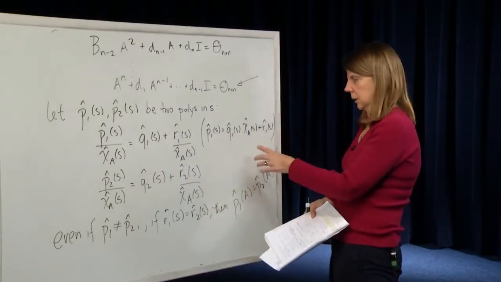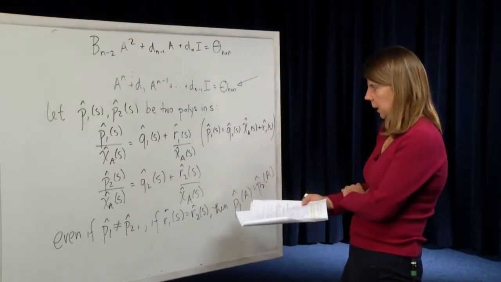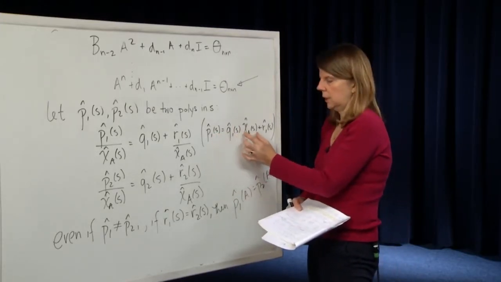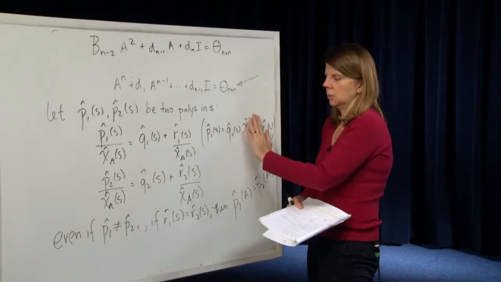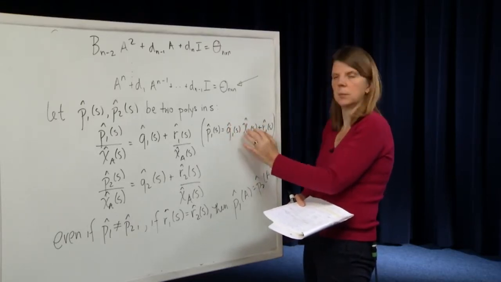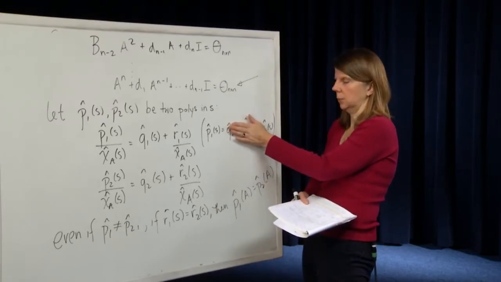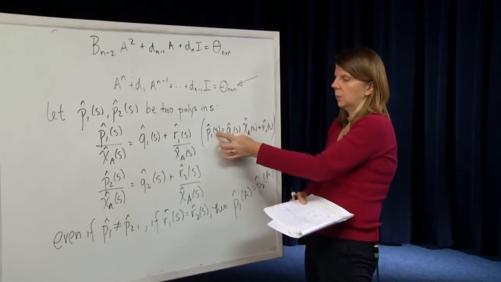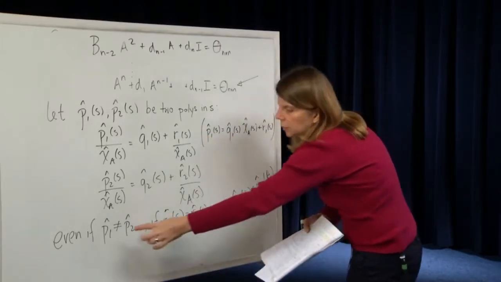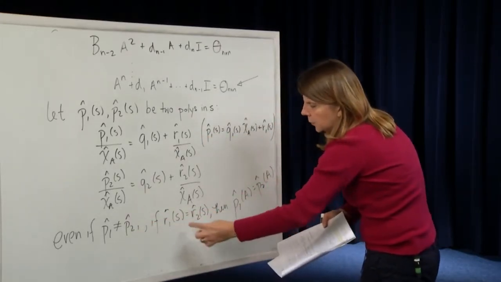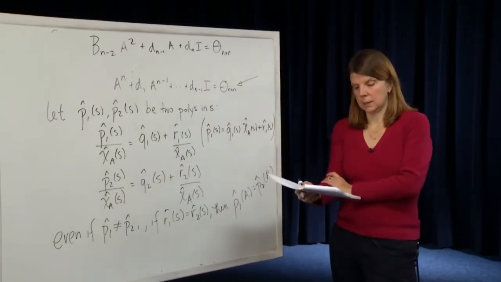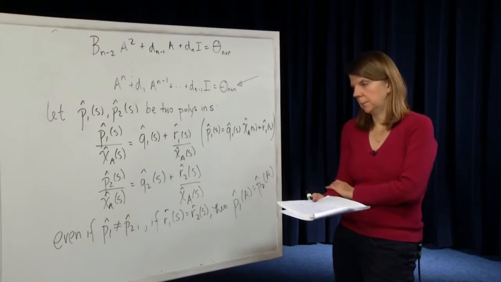And you can see that immediately because if you look at P1 hat of A, that's going to be Q1 hat of A times chi hat A of A, which is equal to 0. So that quotient term, the quotient multiplied by the characteristic polynomial, goes to 0, and P1 hat of A is equal to R1 hat of A. So even if these two polynomials are not the same, if the remainders are the same, then the polynomials evaluated at the matrix A are the same.